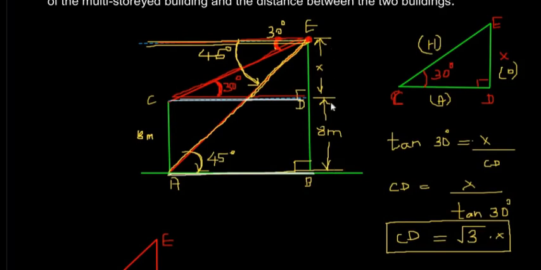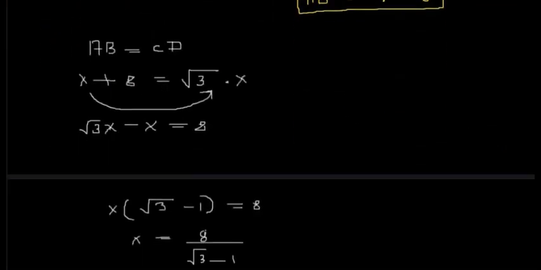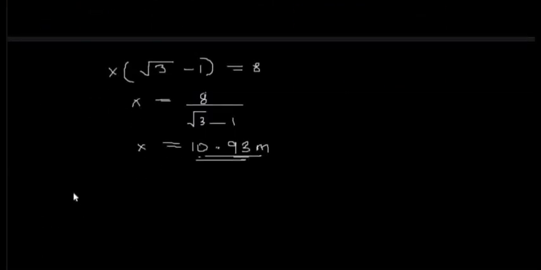So the entire height of this building is going to be 10.93 plus 8 meters. So finally the total height is going to be x plus 8, which is 10.93 plus 8, or simply we can write it as 18.93 meters.